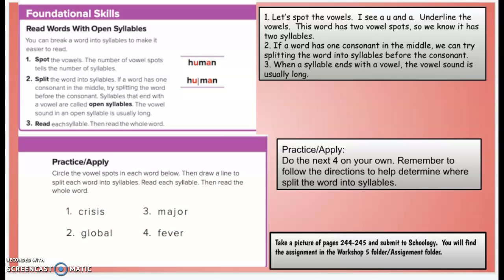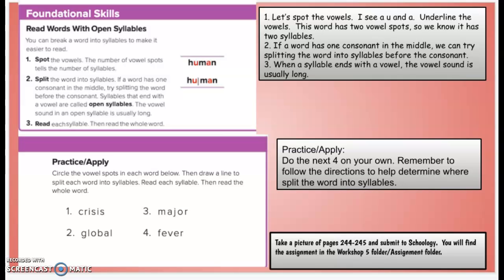All right, so now when you're asked to break the word into parts, what is the best way to do that? Step number 2, splitting the word into syllables. Remember, a consonant is any letter that's not a vowel, A, E, I, O, or U. Now, if a word has 1 consonant in the middle, and you'll see there's 1 consonant M between our 2 vowels, try splitting the word before the consonant.